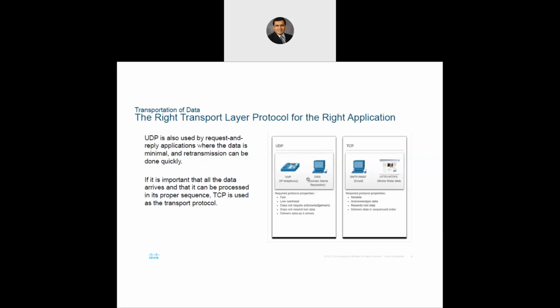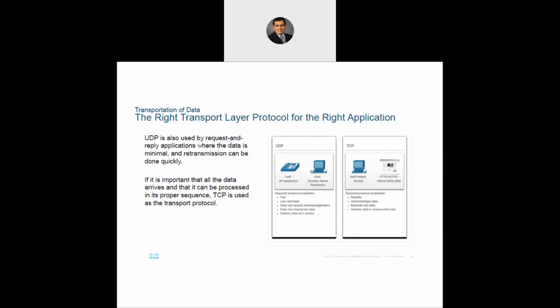Okay. TCP uses our email, SMTP, IMAP, and POP, and also getting a website on the internet, HTTP or HTTPS. Okay. So in this situation, it makes sense to get acknowledgement. Over here, in live streaming and getting DNS names, you have to be fast.